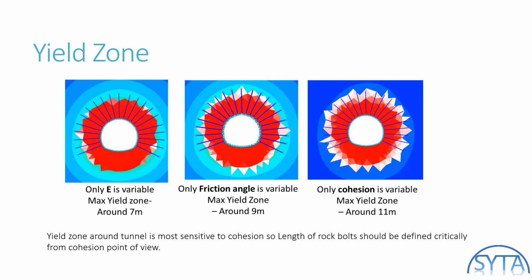And the cohesion variable shows a yield zone of around 11 meters. So it basically gives us a tentative idea that cohesion has a major impact on the yielding zone, which is why the length of the bolt shall be defined critically from the cohesion point of view, in order to accommodate all the risk to be encountered.